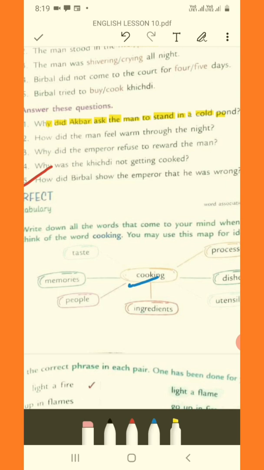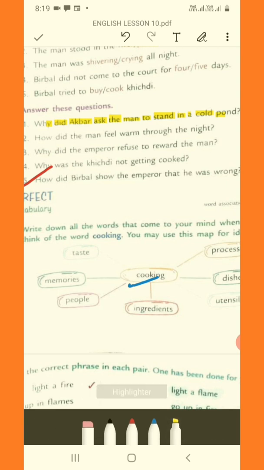So in this way, Birbal tried to convey the message to the man that as the flame was not good enough for the khichdi to get cooked, the light was not enough for the man to get warmth while he was still in the water in the pond. Okay, so this is how he convinced the man.